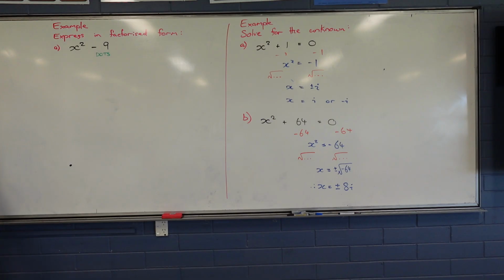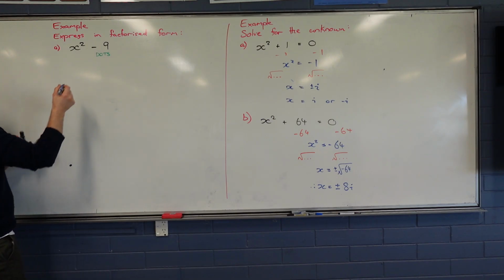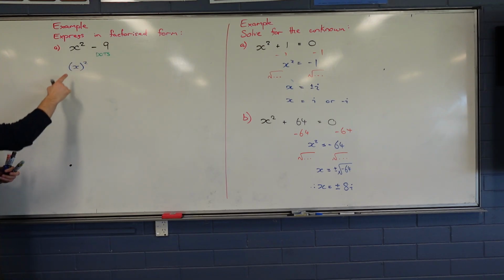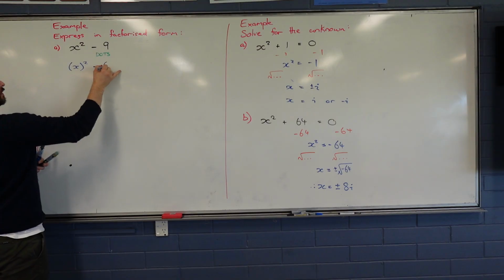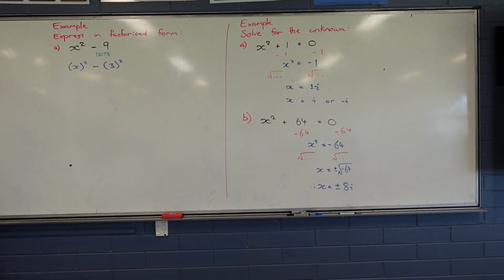Do you make the 9 into 3 squared? Yeah, you make the 9 into a 3 squared. So the x squared can easily be square rooted, and then the 9 turns into 3 squared. And then simply looking at that, you have a look at the rule up here. It's always going to be plus brackets, minus brackets.